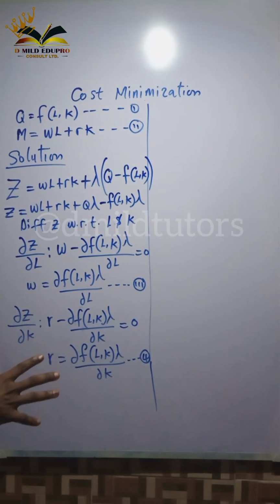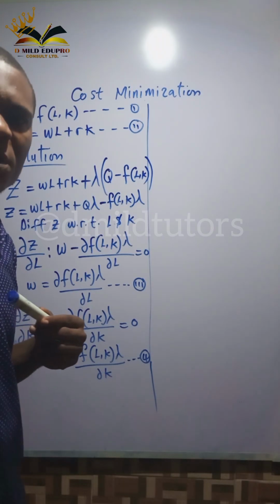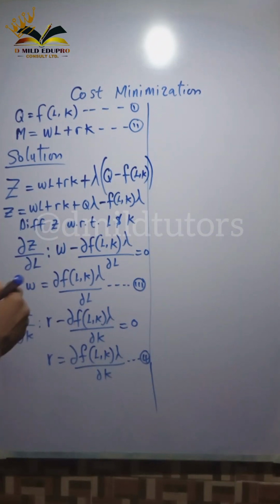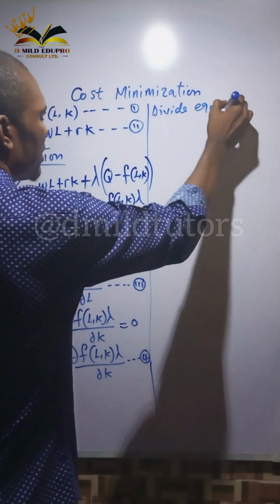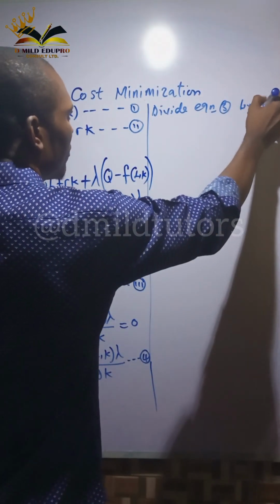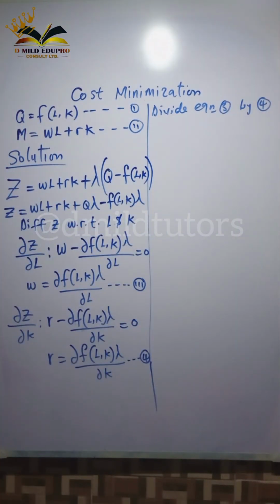Once you know this, then you don't have a problem. Next, you're going to combine both equations, that is, divide equation 3 by equation 4. What is our equation 3?